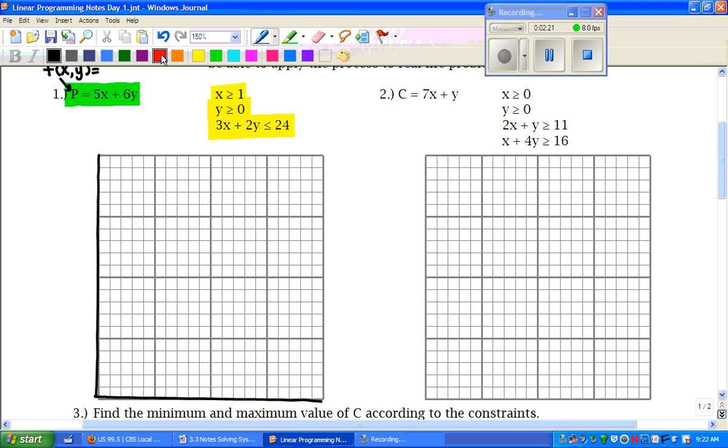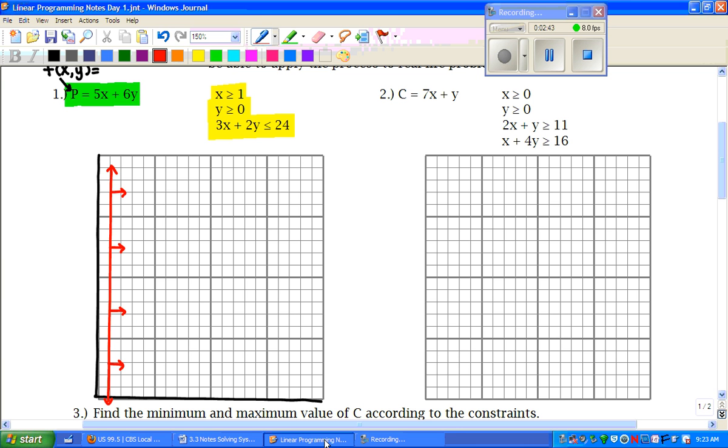So if I want to graph the first one, x is greater than or equal to 1. That's the equation of a vertical line. So we draw a vertical line at 1. And because there's a greater than symbol, I want to shade to the right.